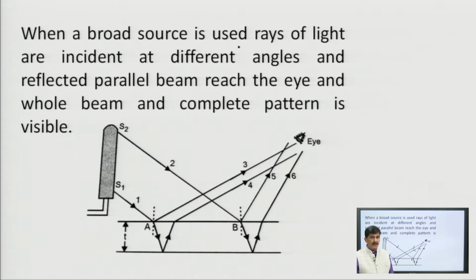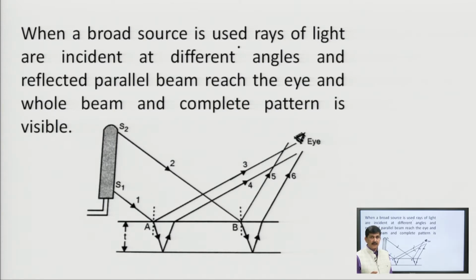Light coming from narrow sources at different positions of a broad source will be incident at different angles, and these reflected rays will enter our eyes suitably, which means when we use a broad source, the whole film can be seen at a glance.